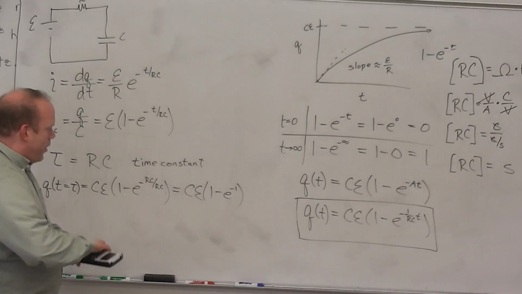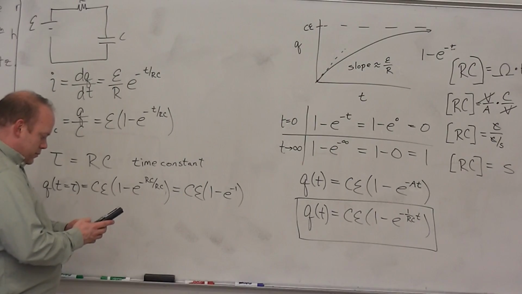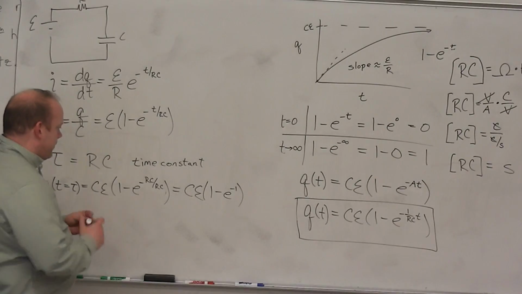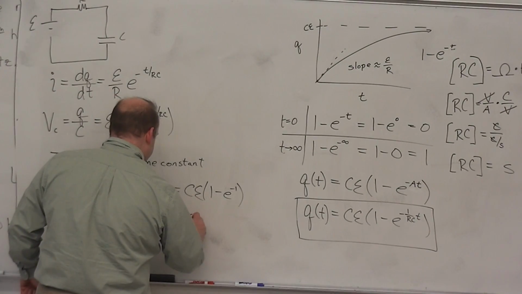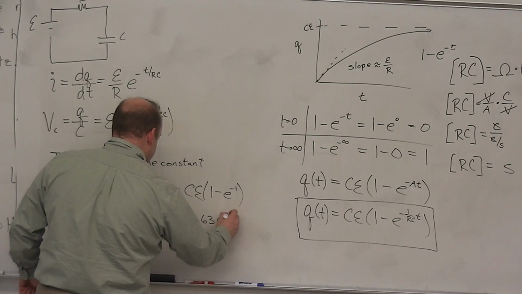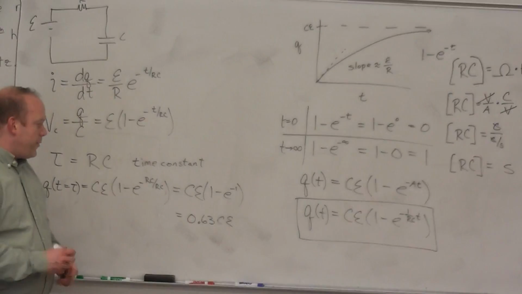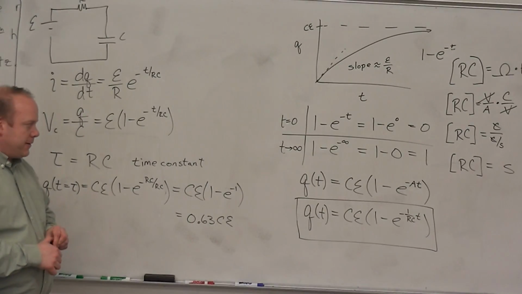And when you do that, that 1 minus 1 over e, you get 0.63. So this is equal to 0.63 CE. Okay? It is essentially 2/3 of the way charged after one time constant.